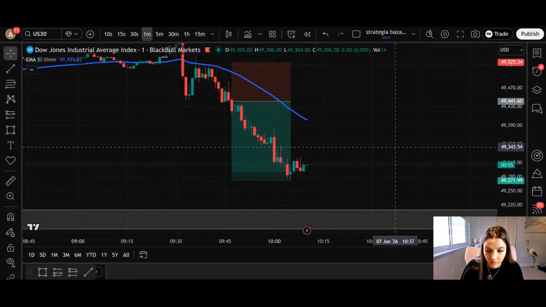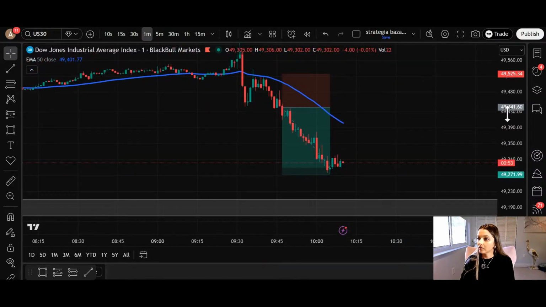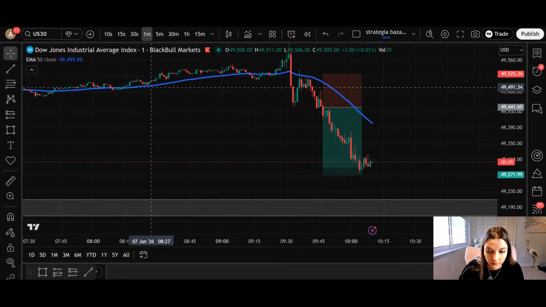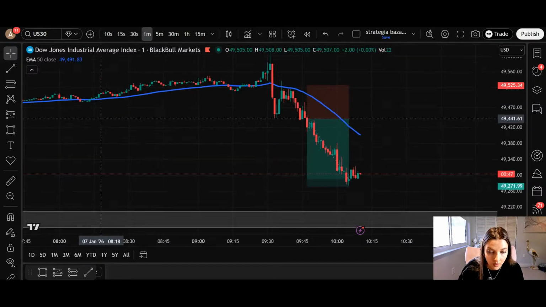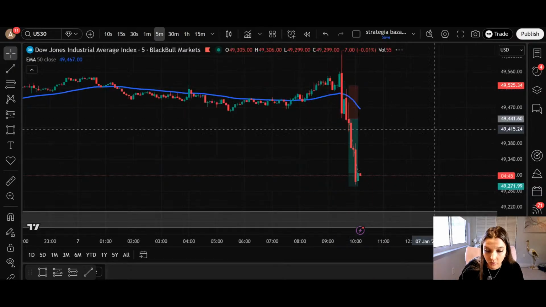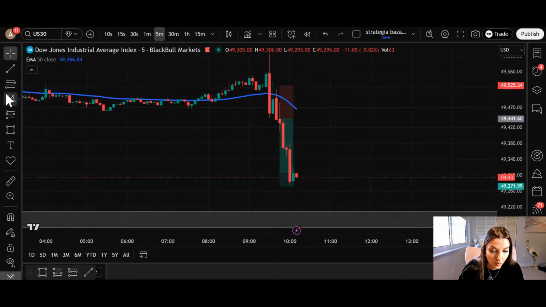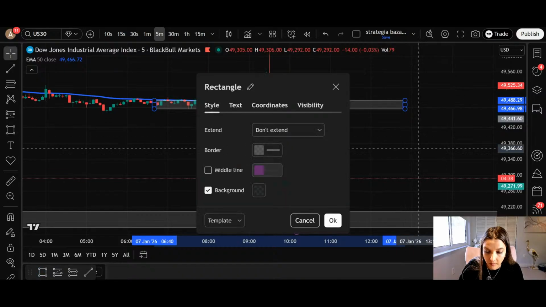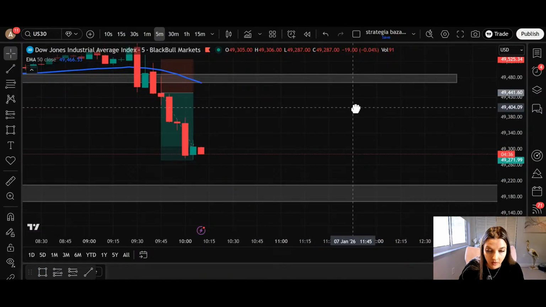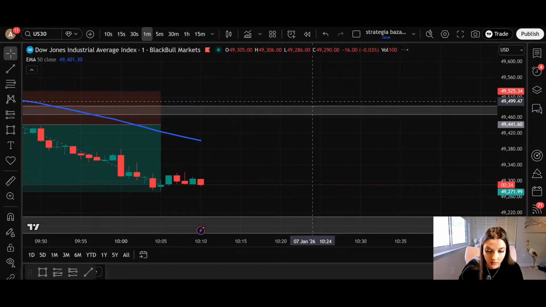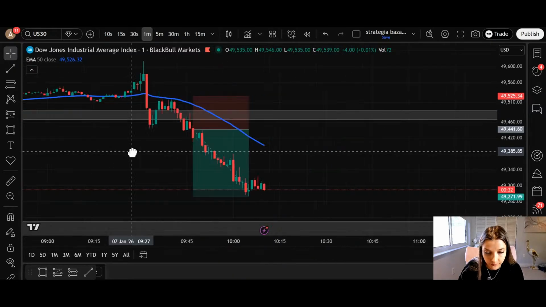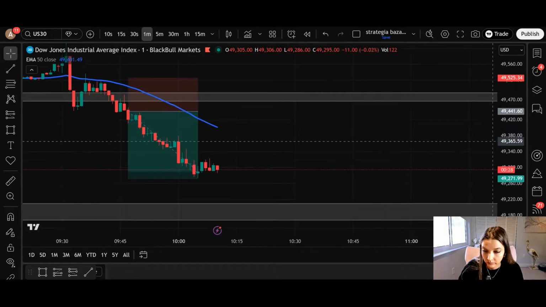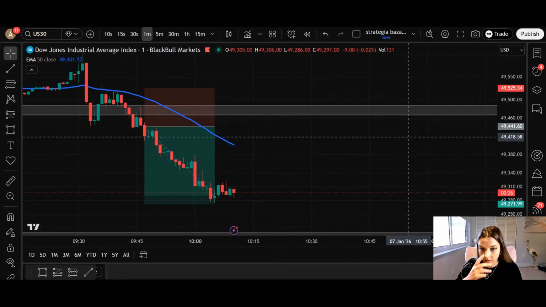Okay, so what I'm looking for now is for the price to get back to the EMA in order to take a trade in the Dow. But let's look at other instruments.